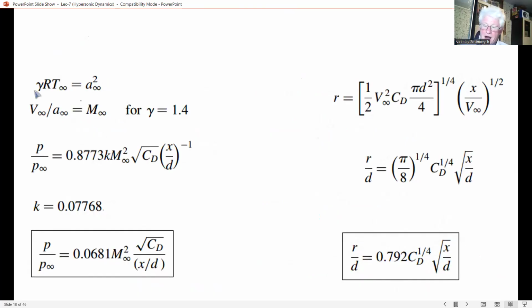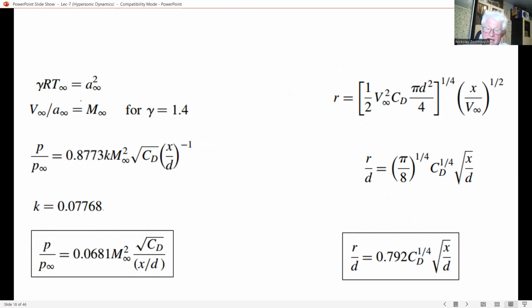Recognizing that gamma R T infinity is the speed of sound squared, where a infinity is the free stream speed of sound, and noting that V infinity over a infinity is Mach infinity, the preceding equation becomes, for gamma 1.4, namely for normal atmospheric conditions, p over p infinity equals this coefficient 0.8773 times K times M infinity squared times square root of CD and times x over D to the power minus 1.